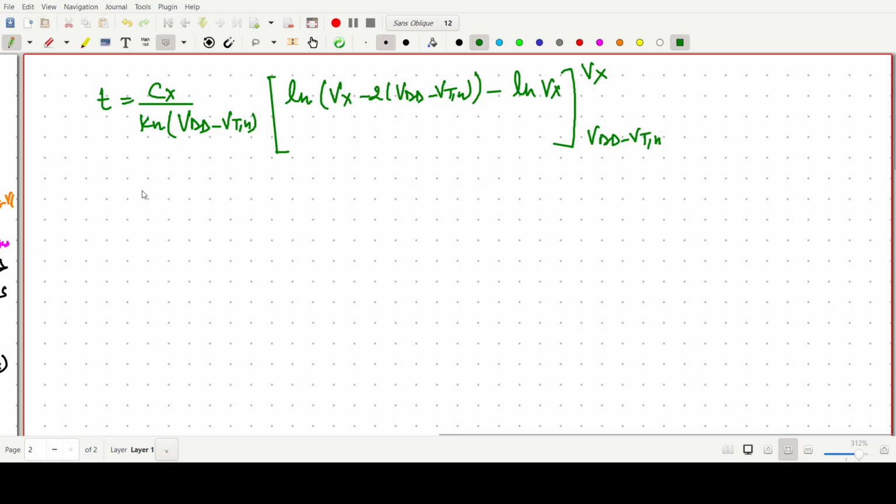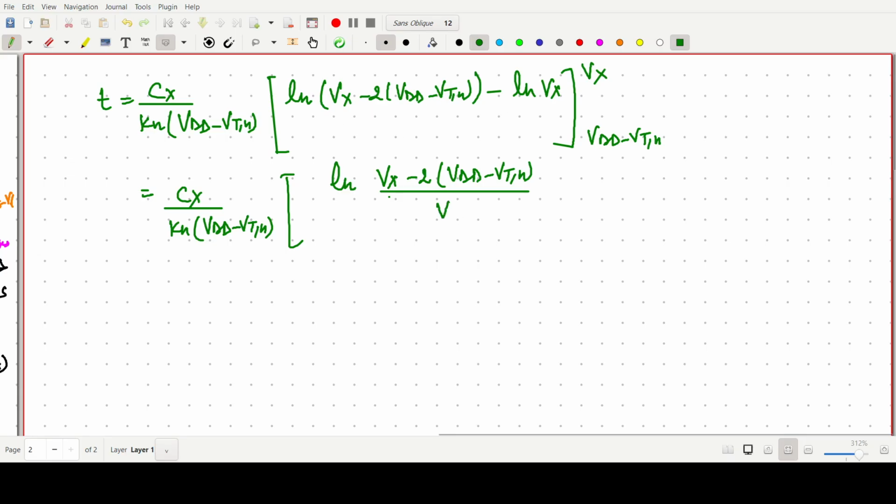So this one can be written as log of Vx minus twice times of (VDD minus Vtn), and ln A minus ln B, so we can divide with Vx. Simply this we can write.